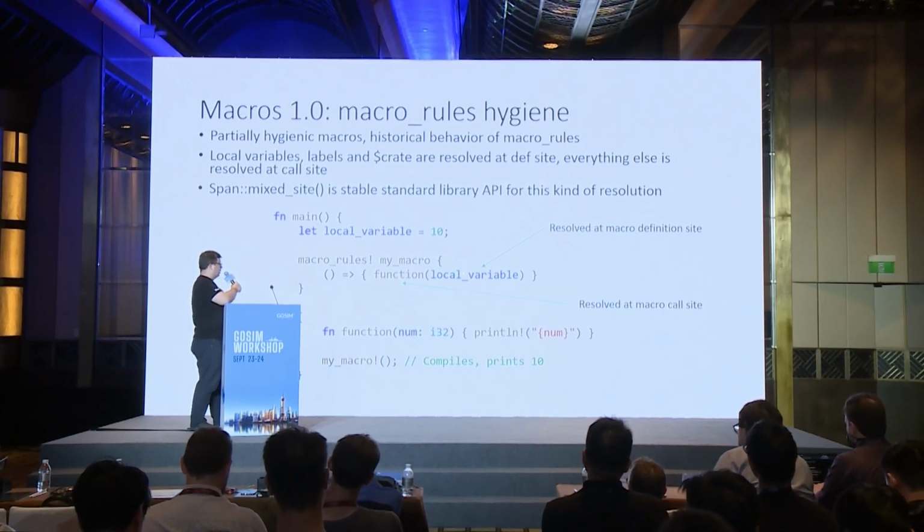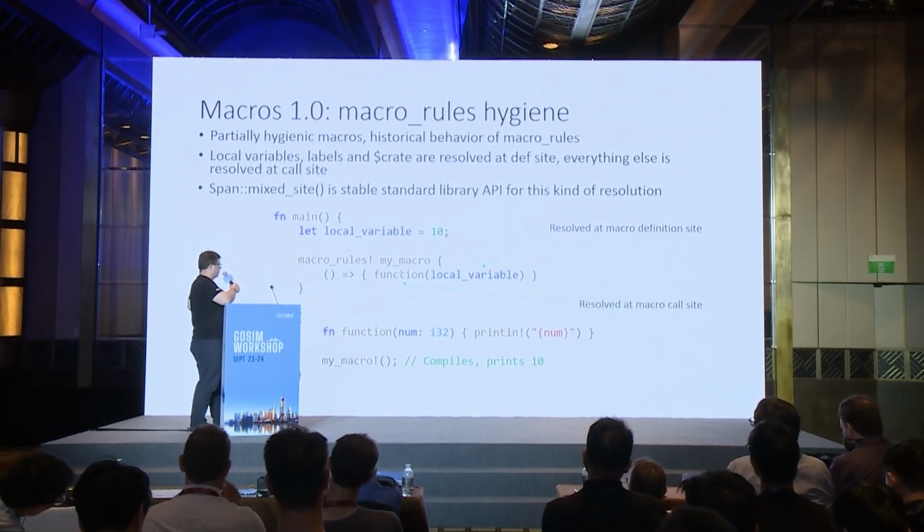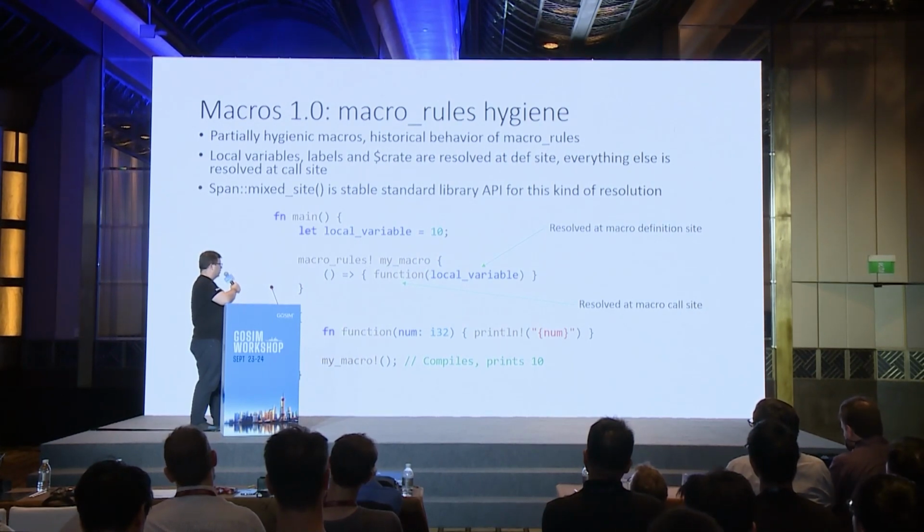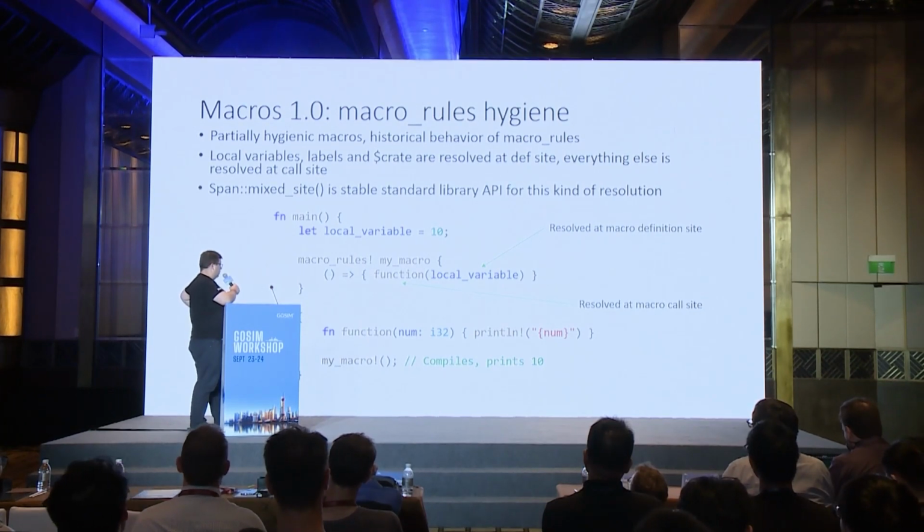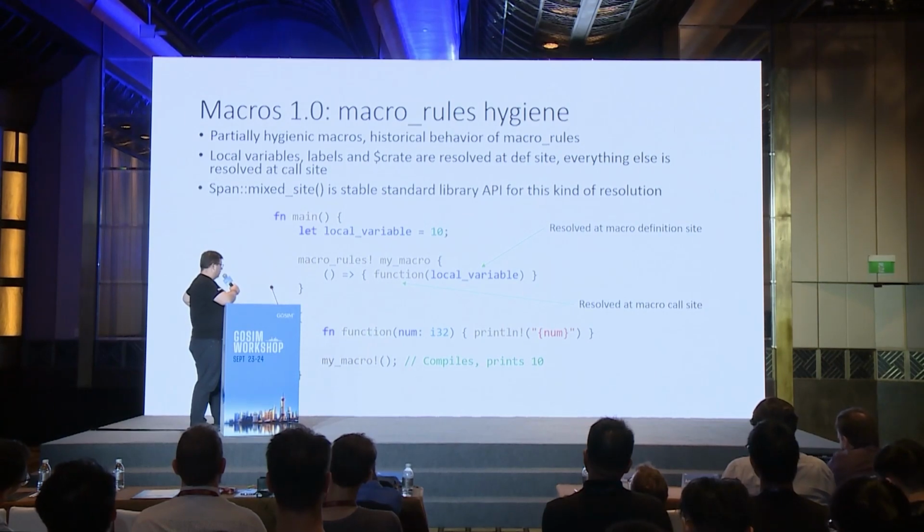Usually, you cannot use names from outside of a macro, but here the name is visible at definition side, so we can resolve it like this. The function is resolved at macro call side. Here we call the macro, here is the function definition at the macro's call side, so we call it. And yes, the result prints 10.